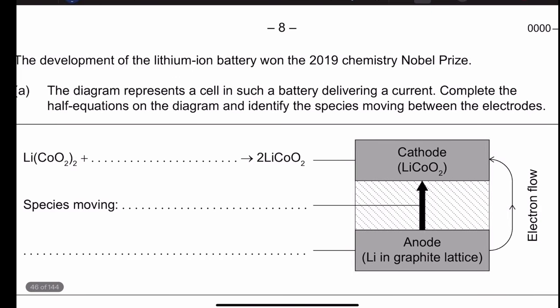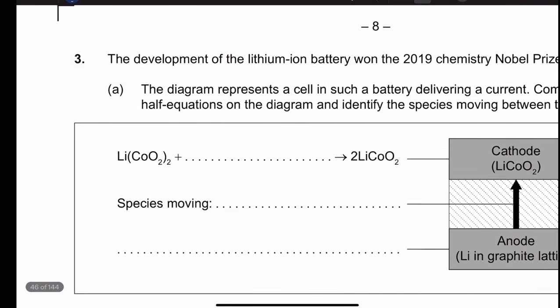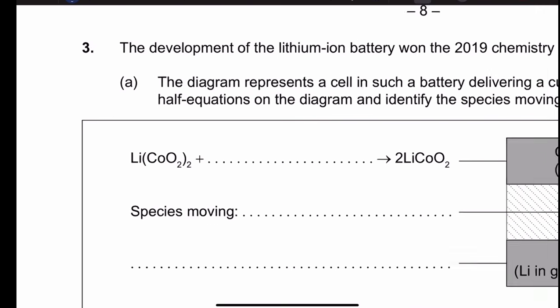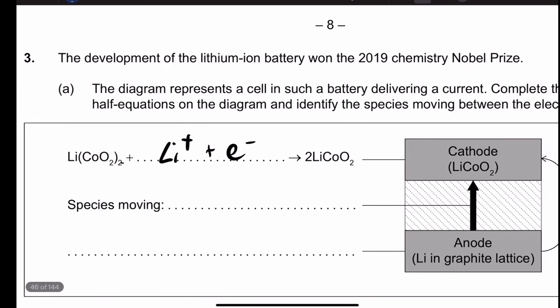So we're clearly getting a lithium, because this already has this 2 subscript here, which means there's 2 of each of these. Getting that lithium, we're also going to be getting an electron. That's probably why they went as a half equation. So it should be this Li+, and we'll have to compensate with the e-. Okay, so that's our half equation.